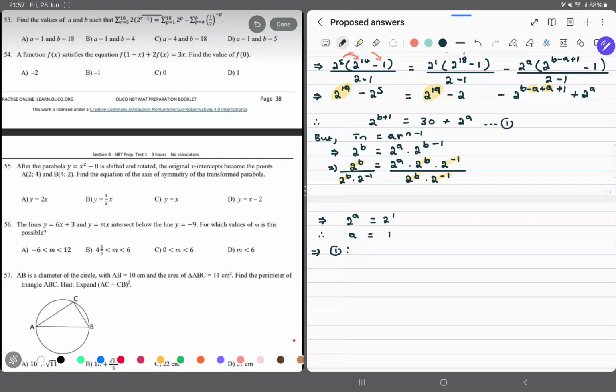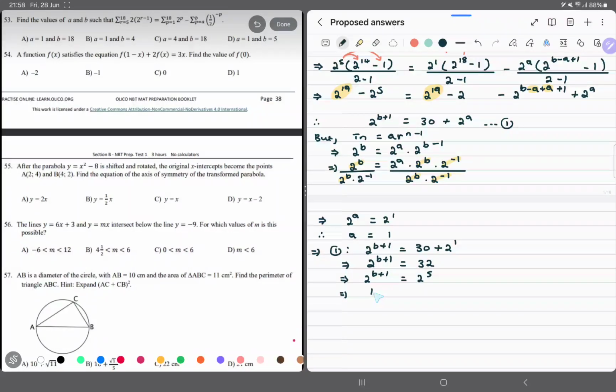This implies that equation 1 is going to be 2 to the b plus 1 is equal to 30 plus 2 to the exponent 1, which implies that 2 to the exponent b plus 1 is equal to 32, which implies that 2 to the b plus 1 is equal to 2 to the exponent 5.